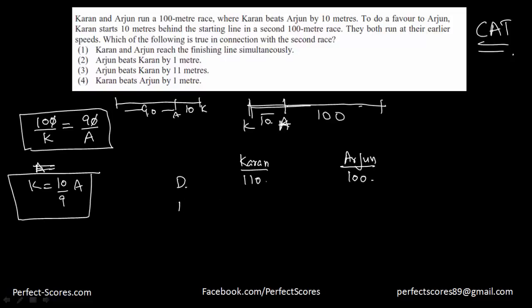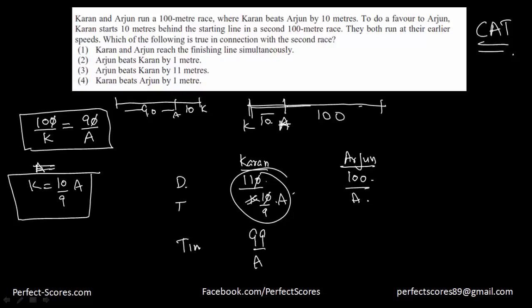And the time taken by Karan is going to be 110 by K, and the time taken by Arjun is going to be 100 by A. Right? So we already know that K is equal to 10 by 9 A. So instead of K, I'm going to write 10 by 9 A. So this expression over here is going to become 99 over A. So this is the time taken by Karan, and this over here is 100 by A. That means the time taken by Karan is lesser than the time taken by Arjun, which means Karan is going to win the race.